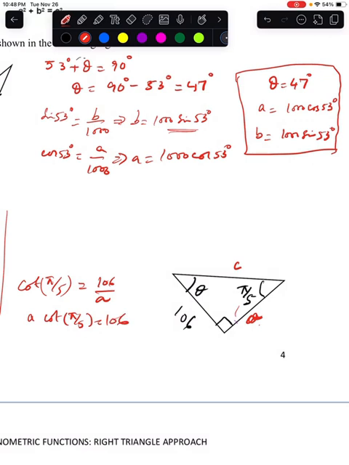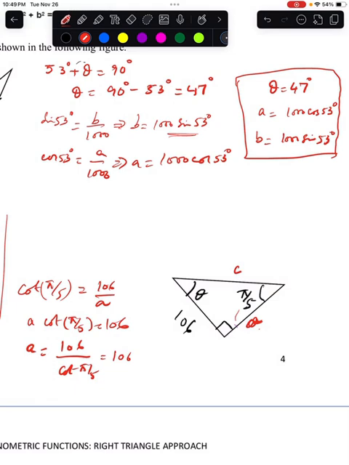Now we can leave it like this, or we can get A is equal to 106 divided by cotangent of pi over 5. But normally we don't leave our answers in secant and cotangent if possible. So this can be converted into tangent, because remember 1 over cotangent is equal to tangent. So that is your A.